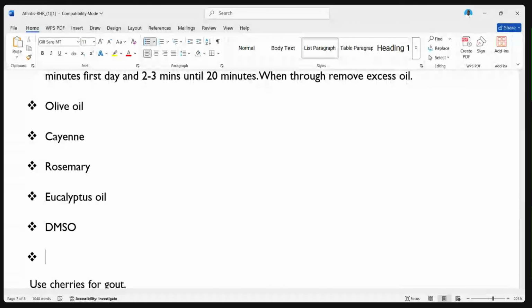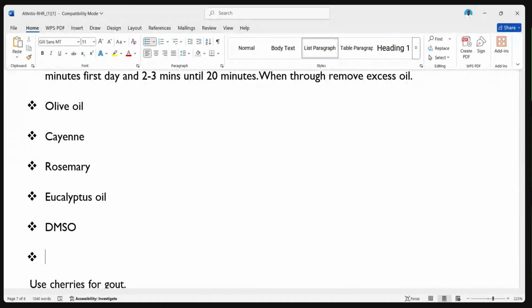The massage oil I came with the other time nilitengeneza na olive oil, na cayenne, na rosemary, na eucalyptus. DMSO sikupata. And then just mix them together.